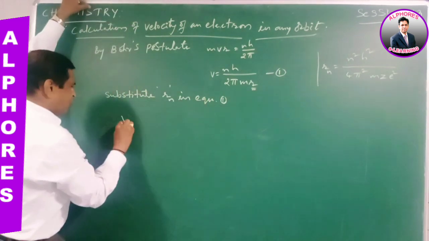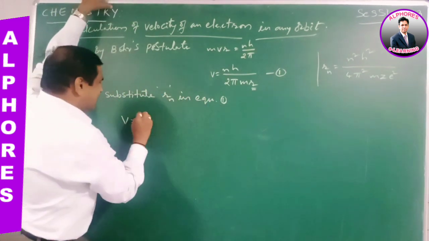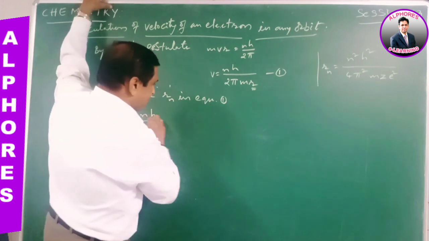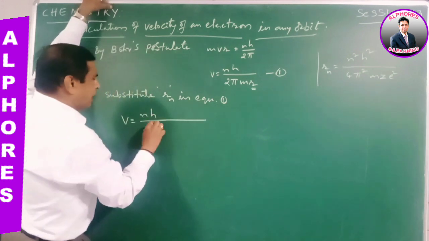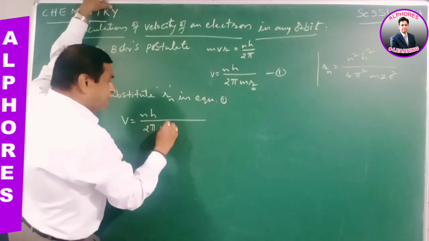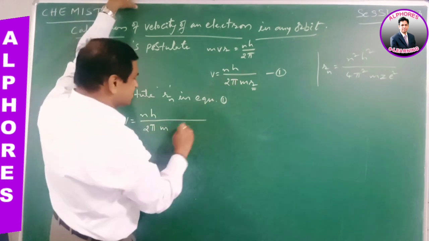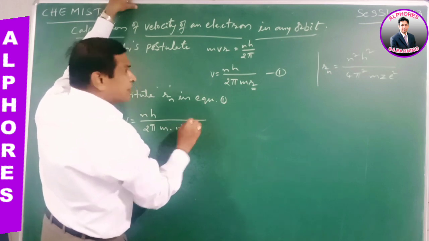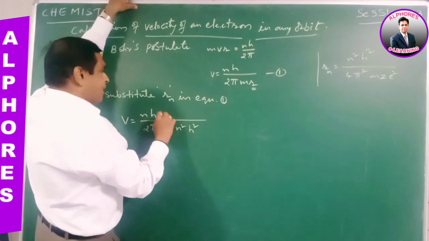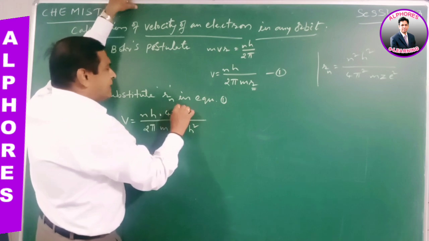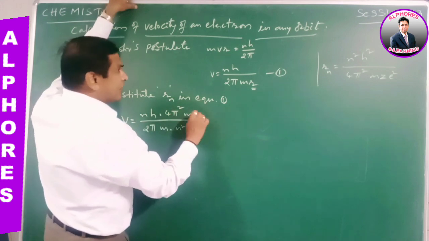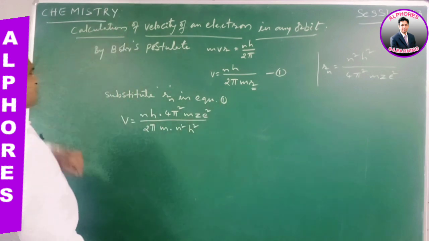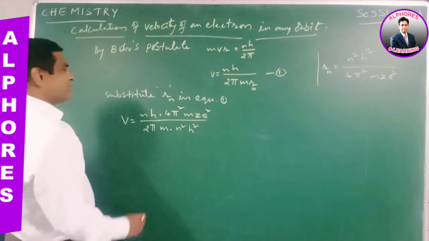Now v is equal to nh by 2 pi m r, with r being n square h square by 4 pi square m z e square. So this is substituted.